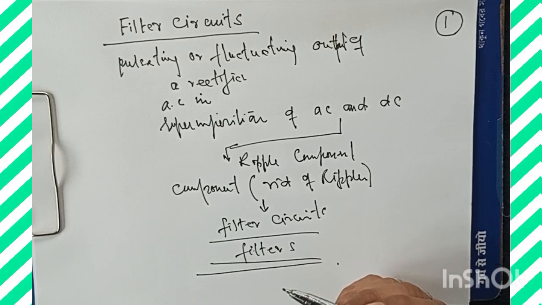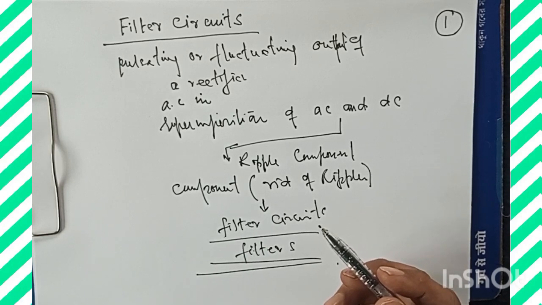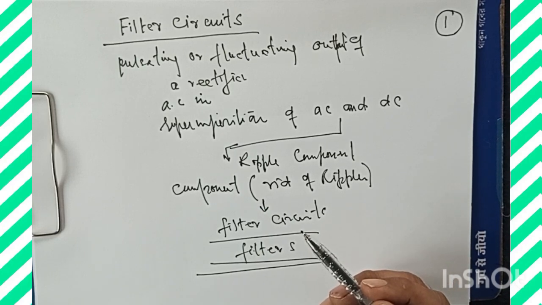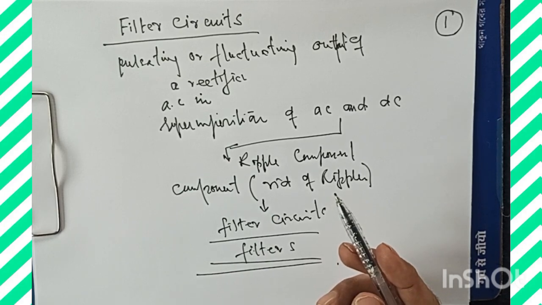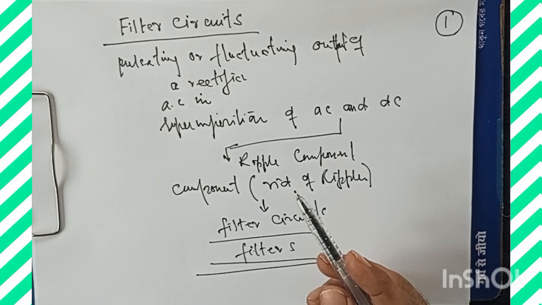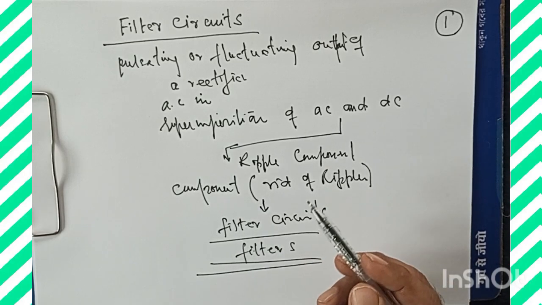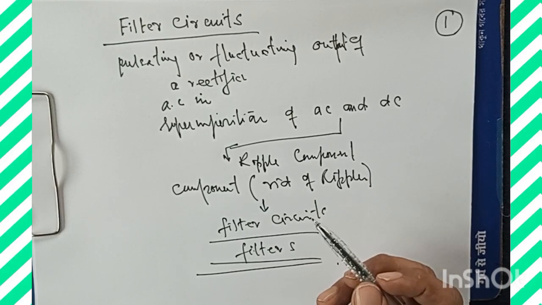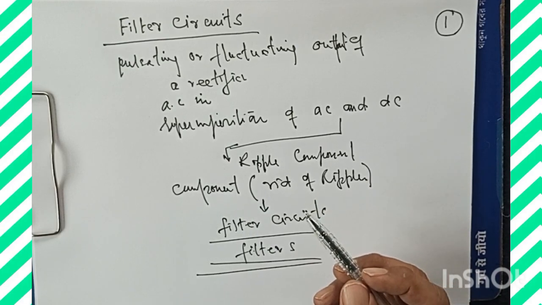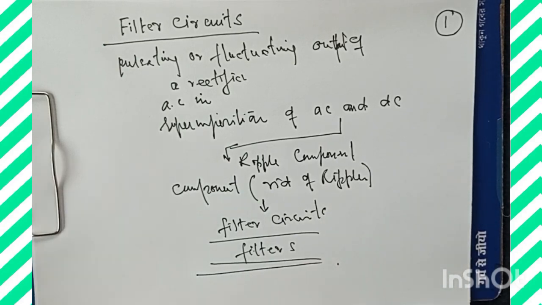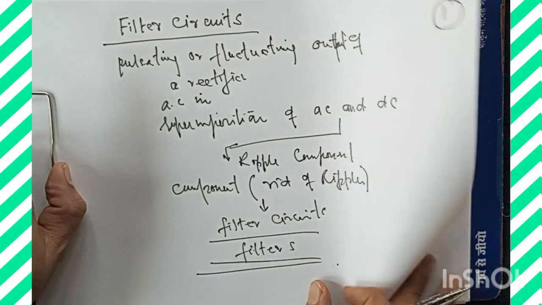We also make use of inductors as filters, and they can consist of an inductor connected in series with the load resistance. We can have LC filters, in which we have both an inductor and a capacitor, shunting across the load resistance. So there are many ways through which we can have filtered output.